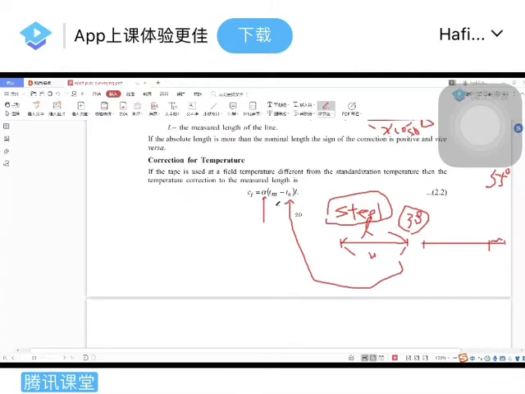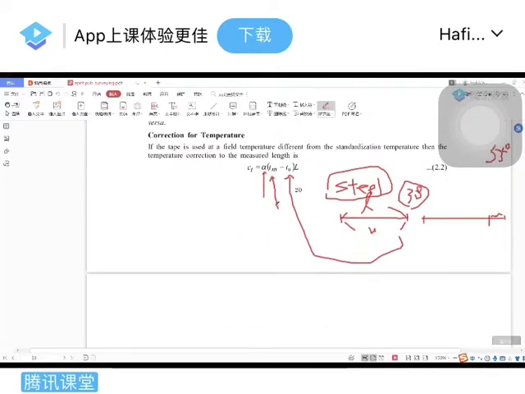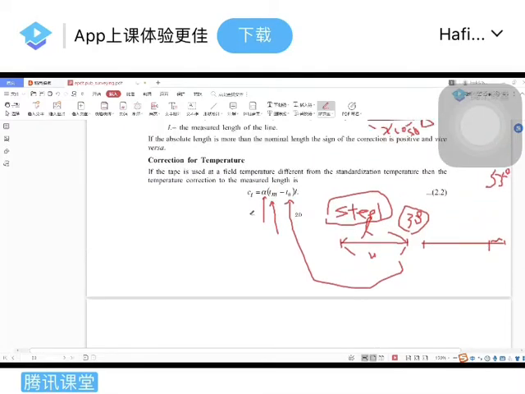And Tm is your measurement. M stands for mean field temperature, because you want it to be calculated to some degree. Using a mean value means 55 doesn't come from one moment; it's a process over one day, where the overall is 55 Fahrenheit.